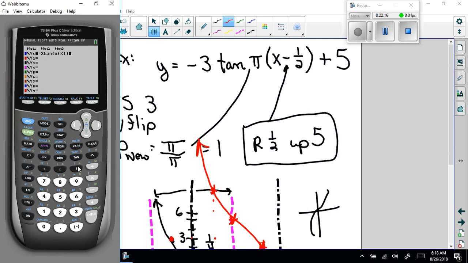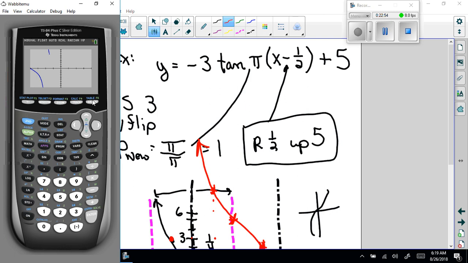I want to graph that first. Now, I know that you got to know everything I just did. Set your window nicely. So my period is 1. So how about negative 1, 2, 1. Now I know what my ticks are. My ticks are 1/4, so how about 0.25? So I always know how to graph that piece. And negative 10 to 10, that'll work, I think. Mode, radians, okay with that graph.